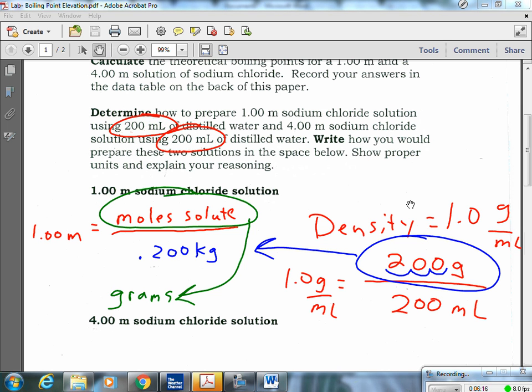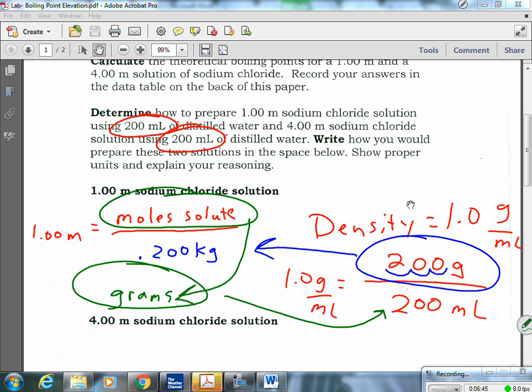So what you will do when you are making your solution is you'll take this number of grams that you just calculated here and add it to 200 milliliters of water, because that's the same as 200 grams of water.